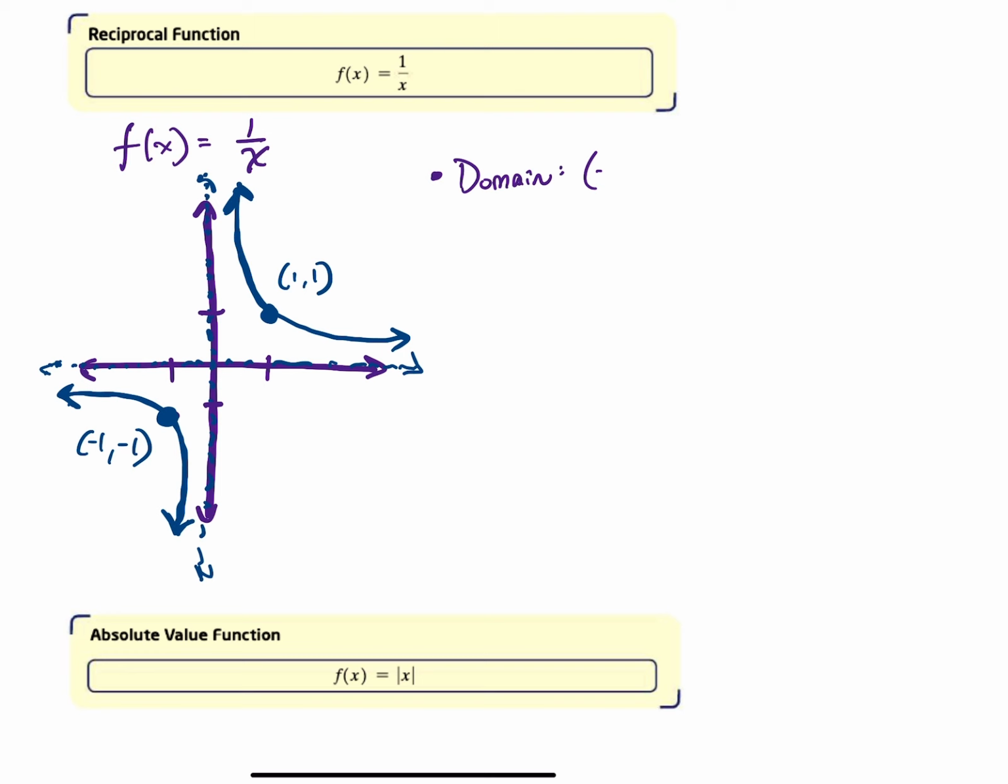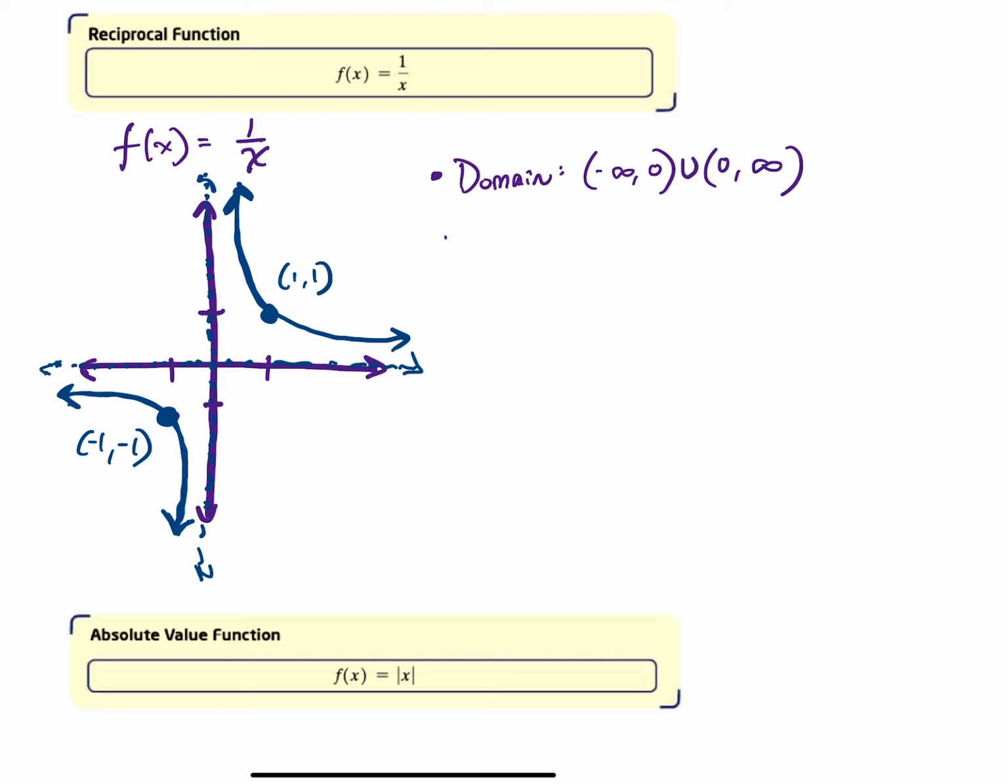We're good from negative infinity all the way up until 0, so we want to skip over 0 and then continue to positive infinity, not including 0. Just fixing my notes a little bit. Looks like I included my endpoints, but no, we would definitely not want to include 0 because we're skipping over 0.